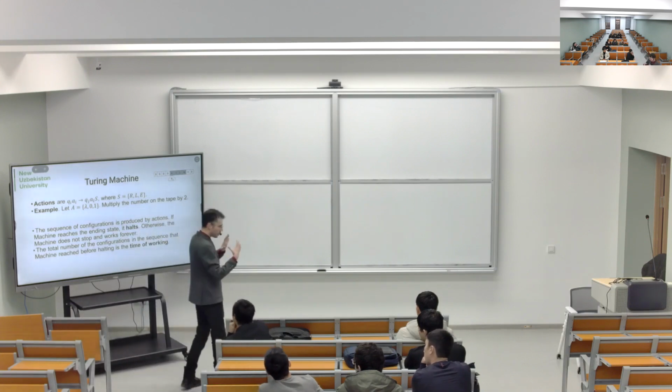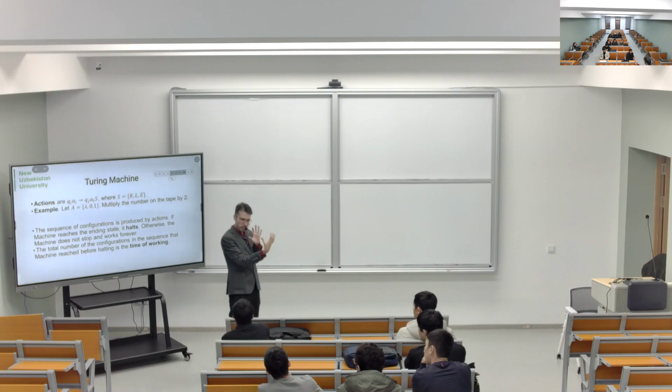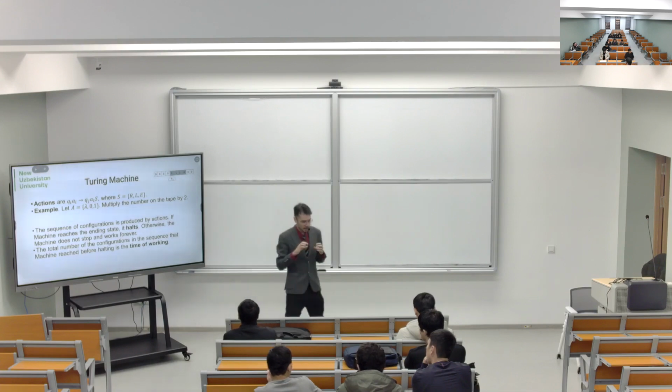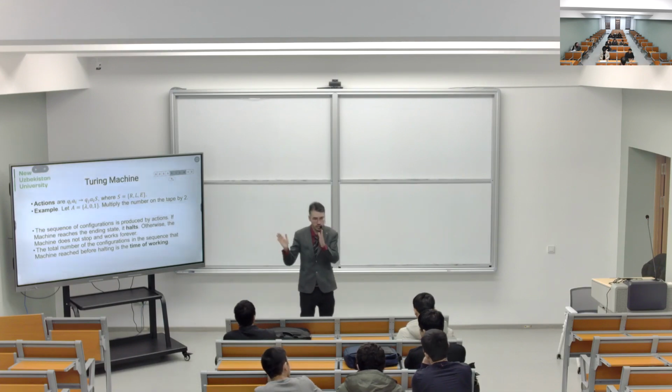So if I have a binary number, what will it look like when it's multiplied by 2? 0 at the end, and that's all. Because this is an infinite tape, you don't need to shift anything. It can just stay at the same place because there are an infinite number of cells after the number. You can just write 0 to the end. Add a new 0, and that's all.